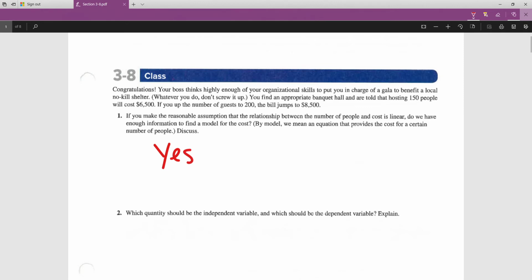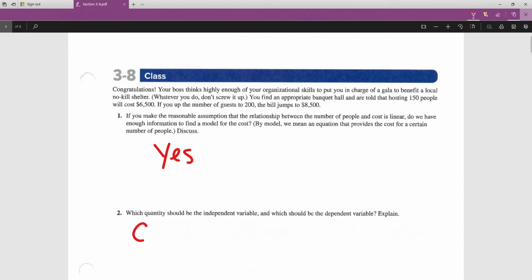Which quantity should be the independent variable and which quantity should be the dependent variable? We've been talking about this for a long time, since we've been talking about linear models and equations of lines and modeling scenarios and independent and dependent variables. So what you should deduce is that the number of attendees is what affects the cost. So that means that the number of people is the independent variable and cost is dependent. So let's jot that down.